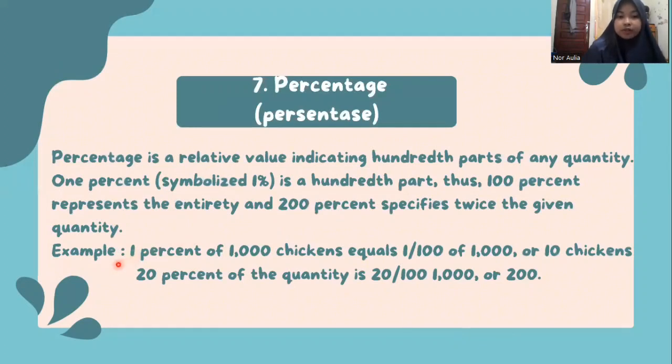For example, 1% of 1,000 chickens equals 1 divided by 100 of 1,000, or 10 chickens. 20% of the quantity is 20 divided by 100 times 1,000, or 200.